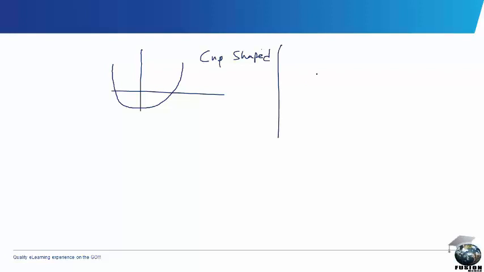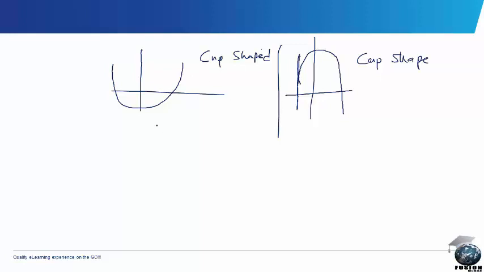What we mean by cap shaped is this: it takes the following shape of a curve, coming downwards. This is cap shaped, and the other one is cup shaped. You see, this one opens downwards, while this one opens upward.